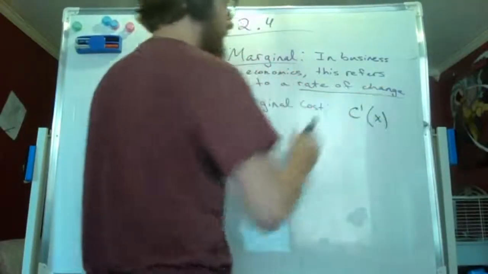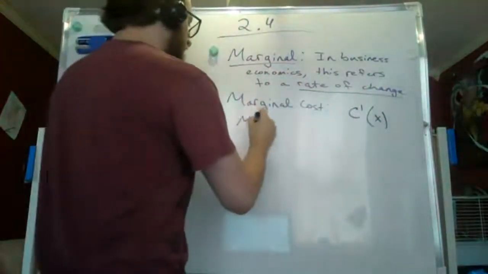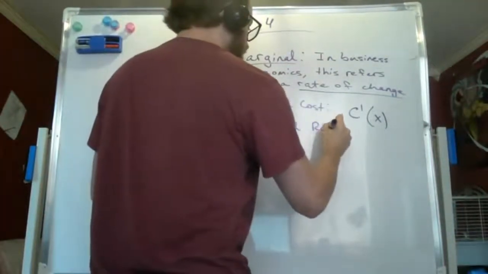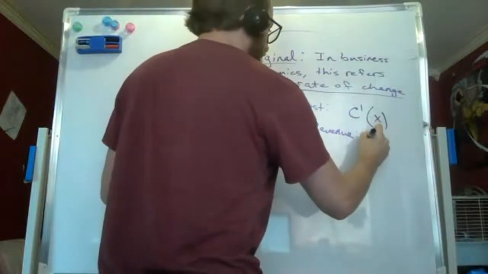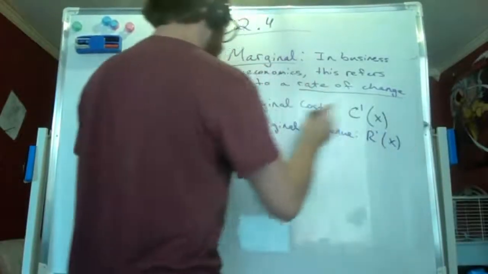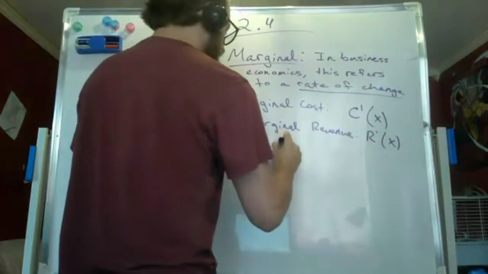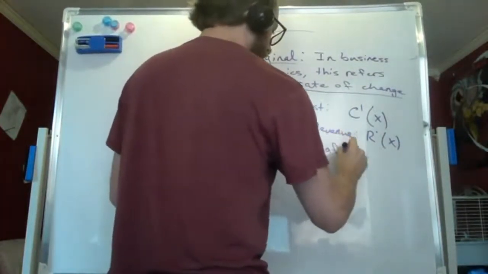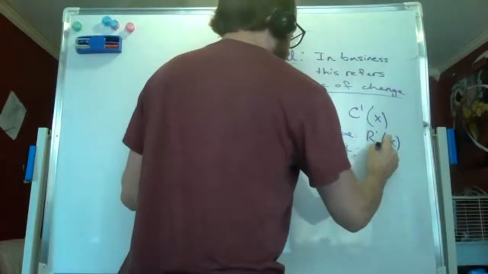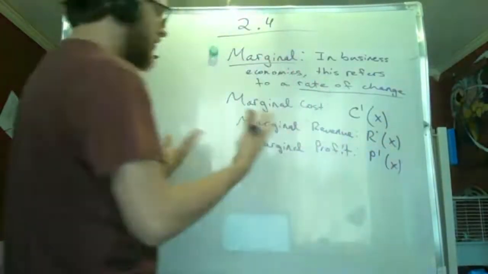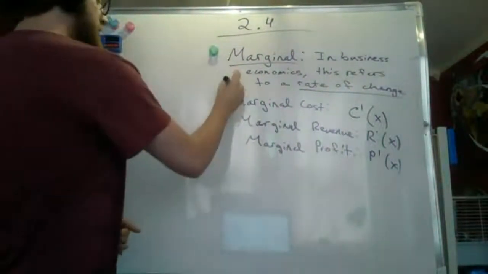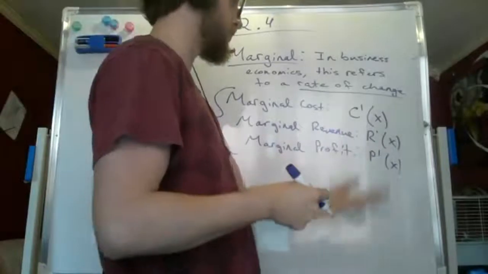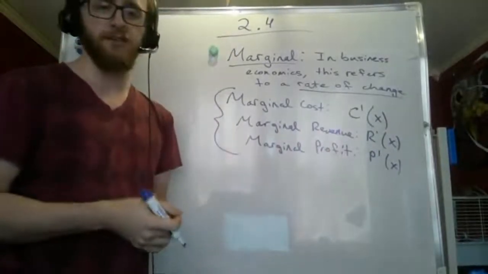So it's C prime of x. Same thing with marginal revenue, that's going to be R prime of x. And marginal profit is going to be P prime of x. So on and so forth. Nothing too scary there. This is just introducing what marginal is and how it relates to these business terms we've already discussed.